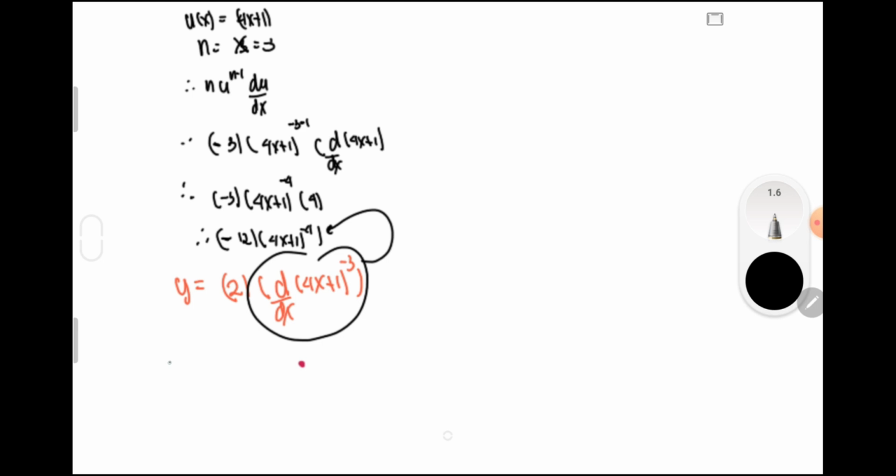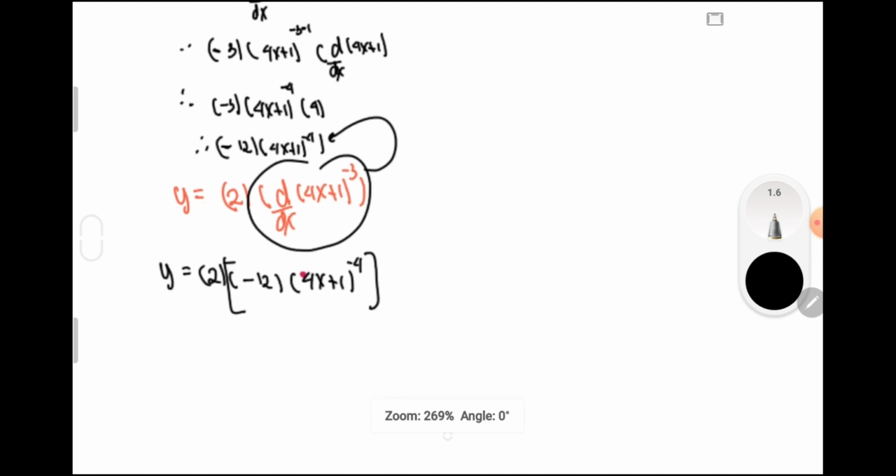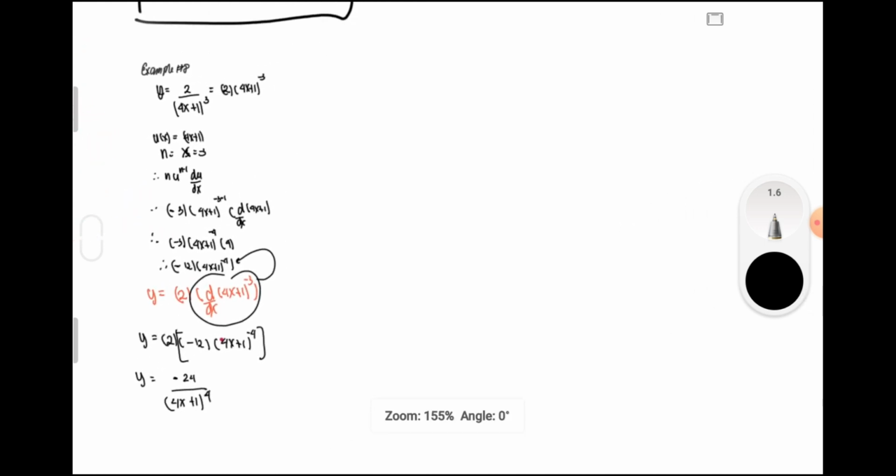So therefore we'll have a value equal to y equals 2 multiplied by negative 12 multiplied by 4x plus 1 raised to negative 4. Okay, so therefore we'll have a value equal to y equals negative 24 all over 4x plus 1 raised to 4. Okay, so actually pwede nyo rin gamitan yun ng ating quotient rule.